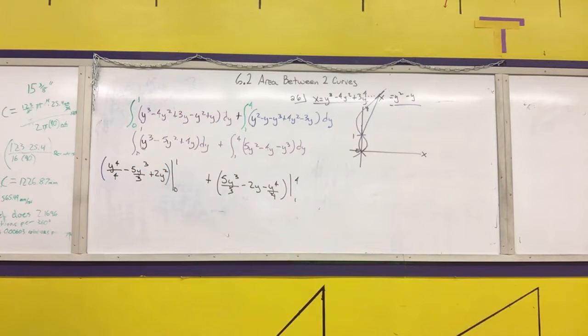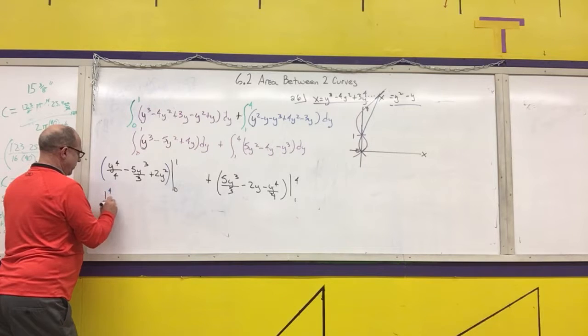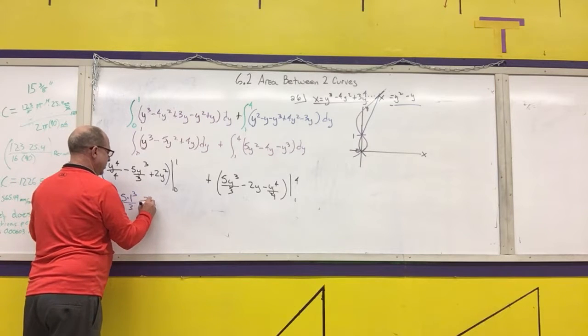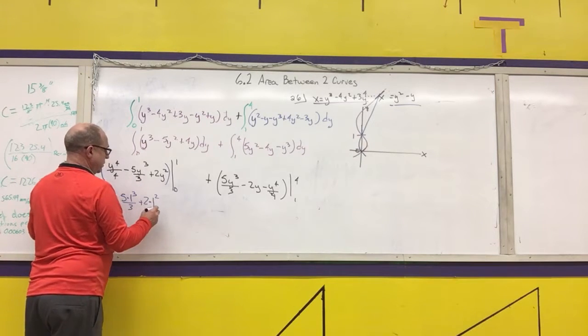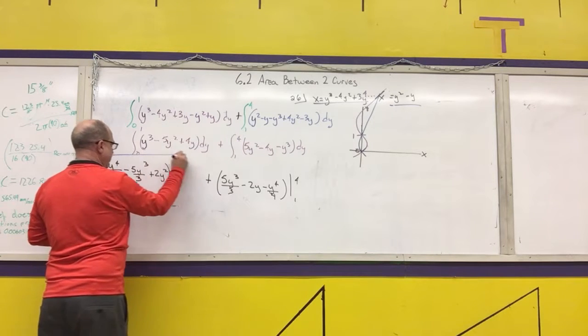Okay, let's write out my work, substituting in my numbers. I'm going to put a 1. 1 to the 4th over 4 minus 5 times 1 cubed over 3 plus 2 times 1 squared, minus, so everything I'm doing in blue will be this part.